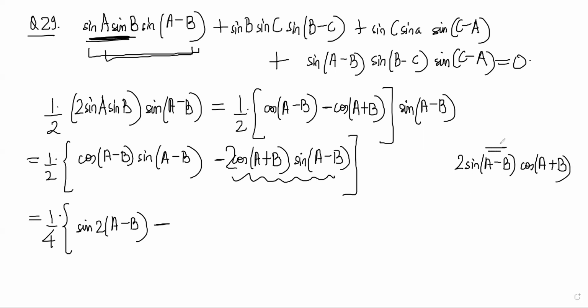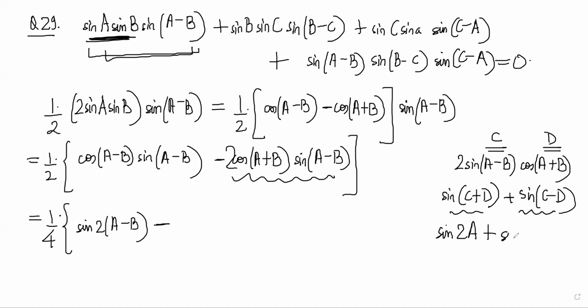You can think of this as C and think of this as D. So that is clearly sine of C plus D plus sine of C minus D, right? So when you write that, sine of C plus D is 2A, and sine of C minus D is minus 2B.